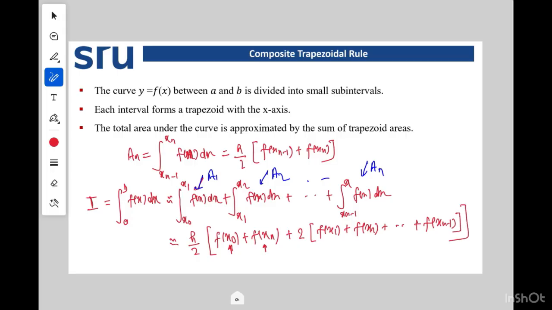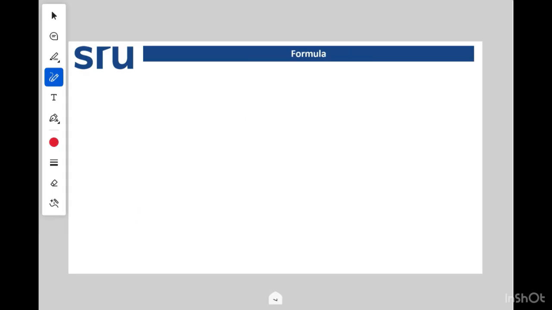So this formula is called the composite trapezoidal rule. What is h here? h is equal to b minus a divided by n.